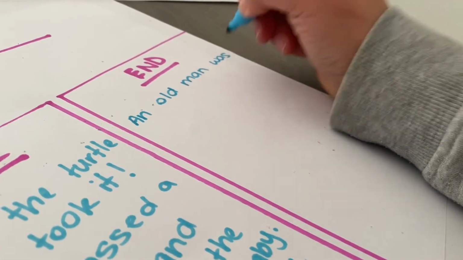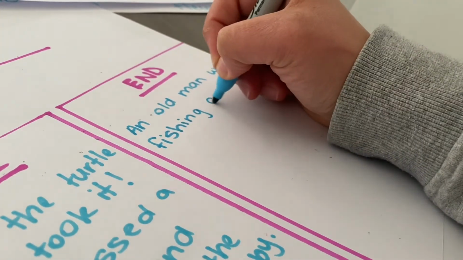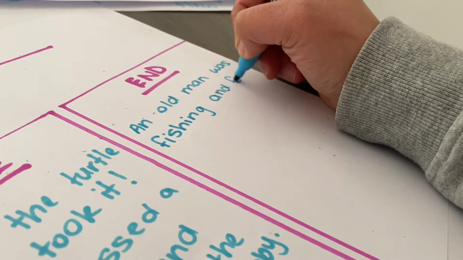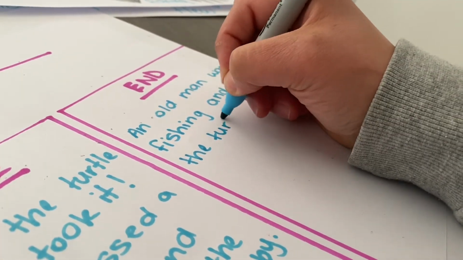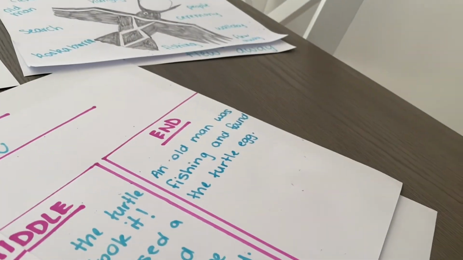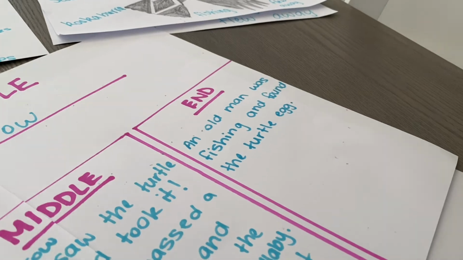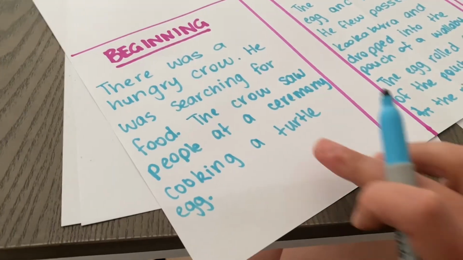was fishing and found the turtle egg. Full stop. I know that the old man took it back to the people at the ceremony, and I wrote that back on my brainstorm, but I also wrote it in my story, so I can go back and use that to help me.